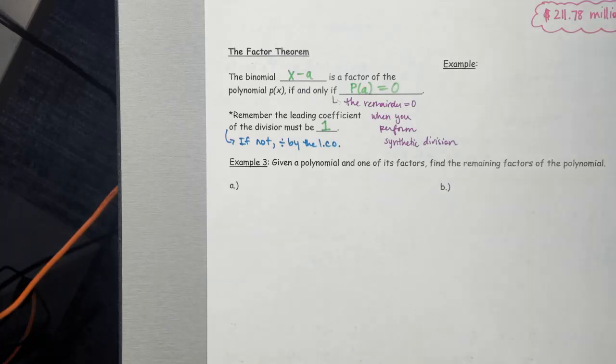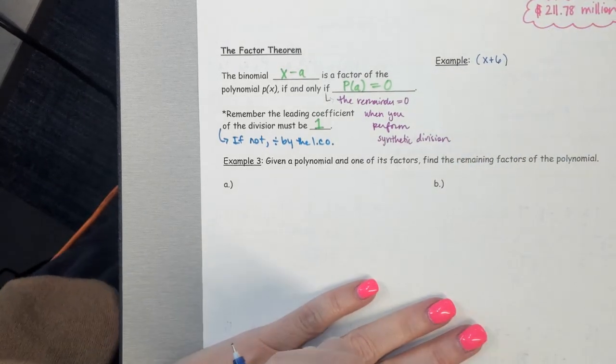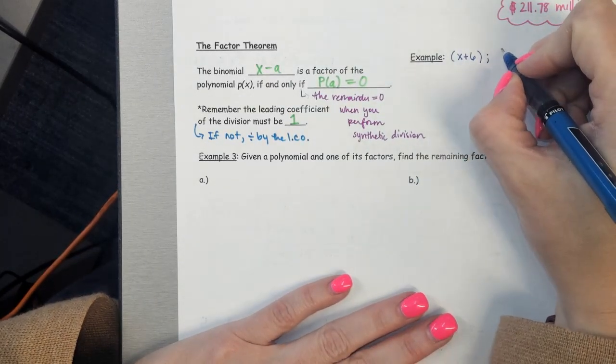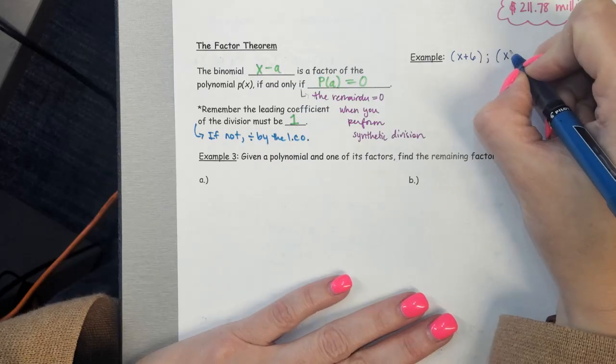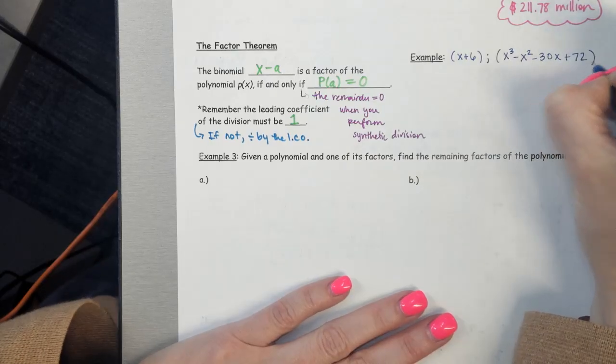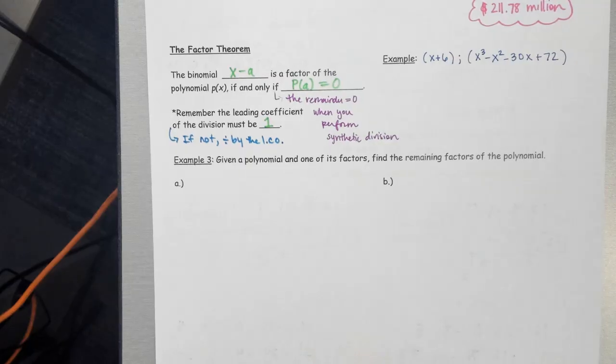Okay, so we're going to do an example of this together. So the way they're going to give this to you is they're going to give you the binomial, and then there's going to be a semicolon with the polynomial. So you have the binomial, that quantity's in parentheses. Okay, same thing with the polynomial, similar to when we were doing the division.